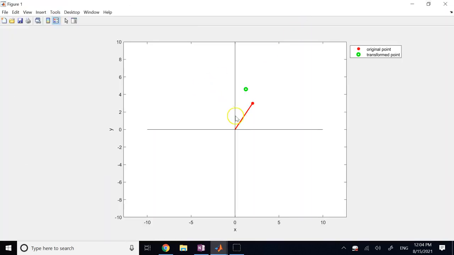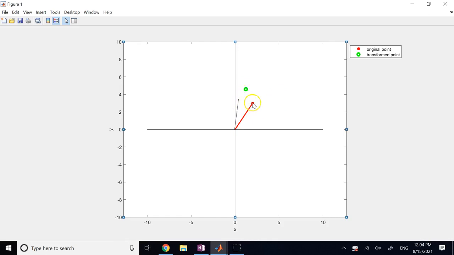So now if you look, not only has it rotated 30 degrees, so it comes from that point to this point here, it is also moved 1 unit x and 1 unit y.